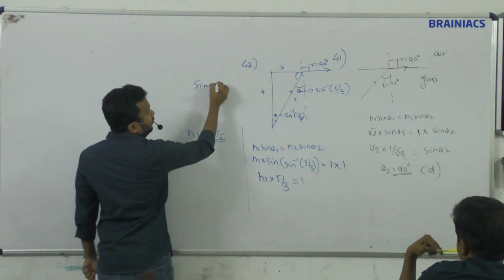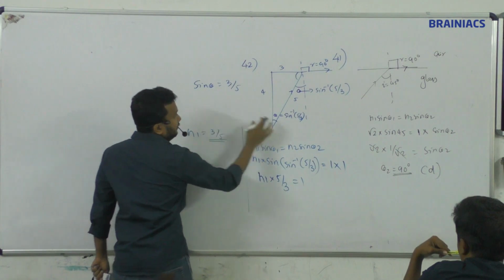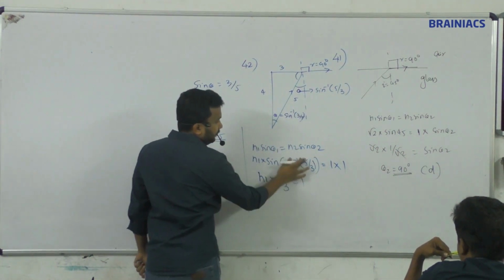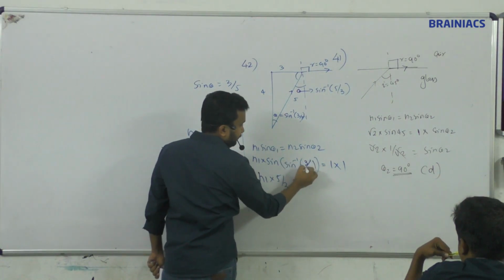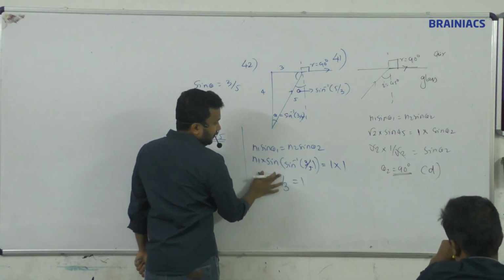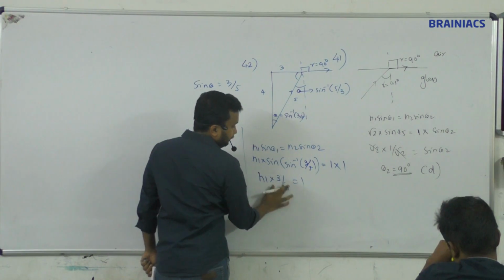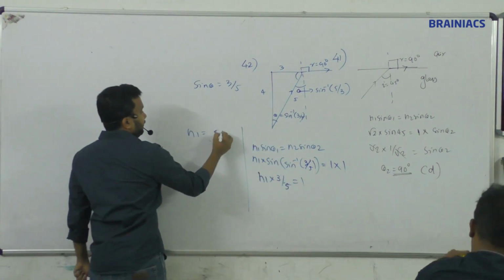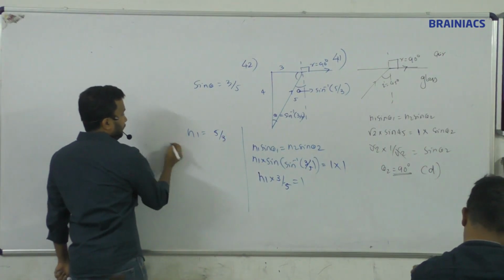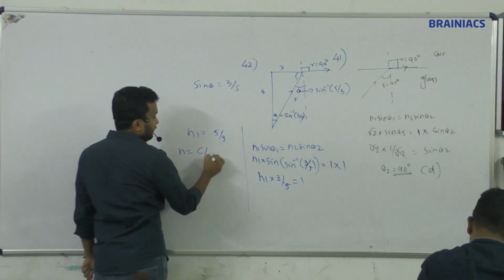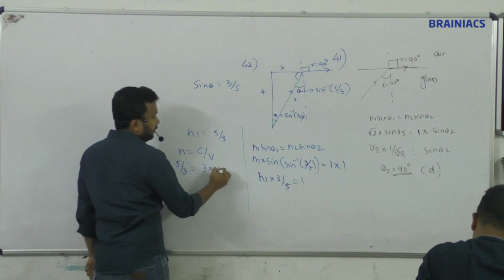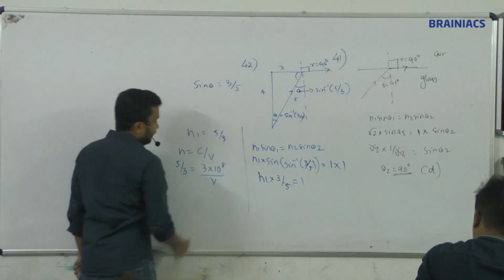Sine theta equal to opposite side 3 by 5, so here also it is 3 by 5. So n equal to 5 by 3. So the refractive index n is equal to c by velocity. So this is 5 by 3 is equal to 3 into 10 power 8 meter per second divided by velocity.